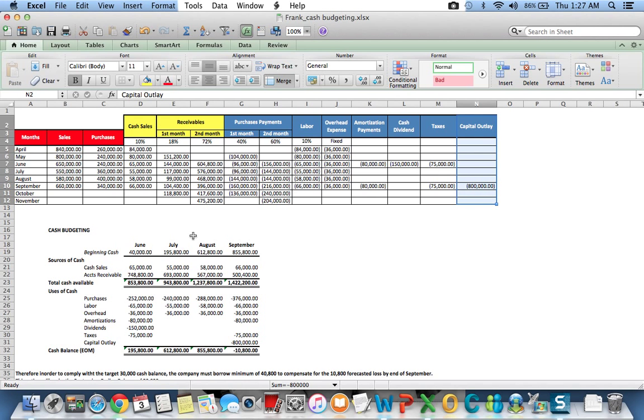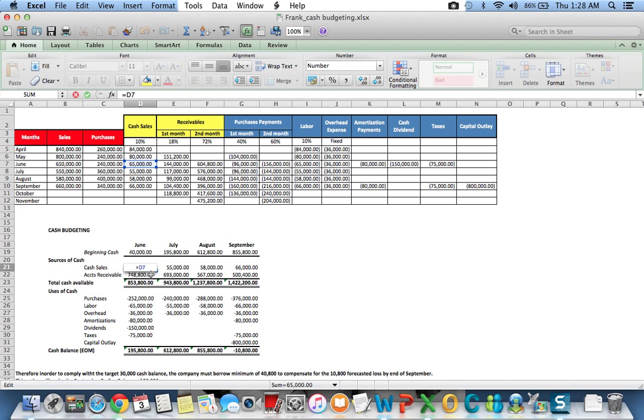So the cash sales for June is equal to 65,000. Accounts receivable in June is equal to 748,800, with total cash available of 853,800.